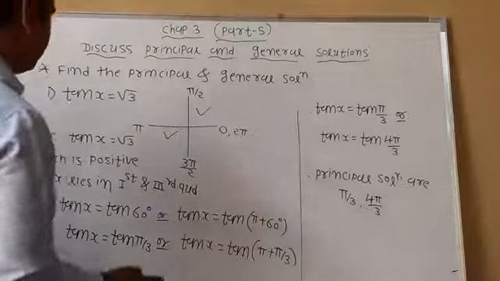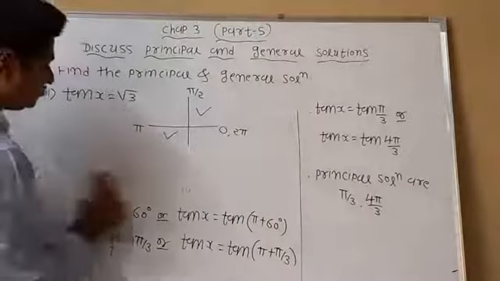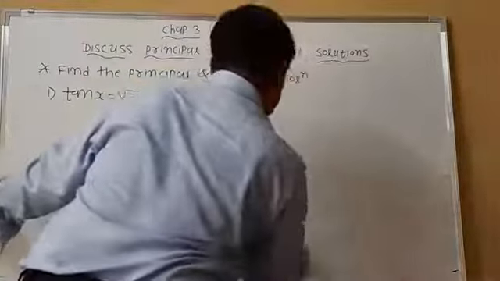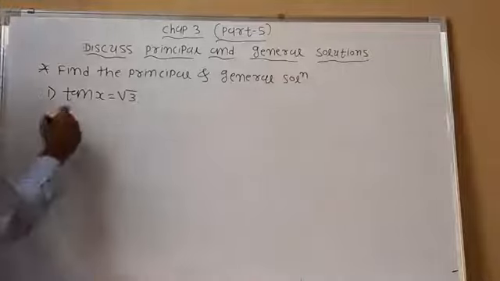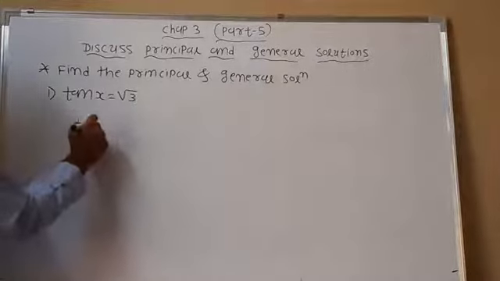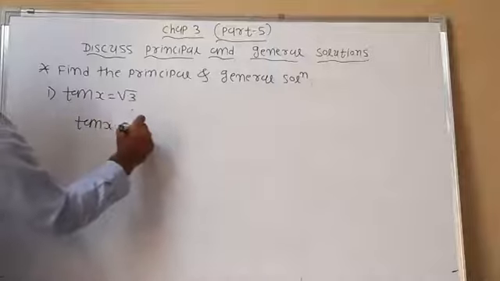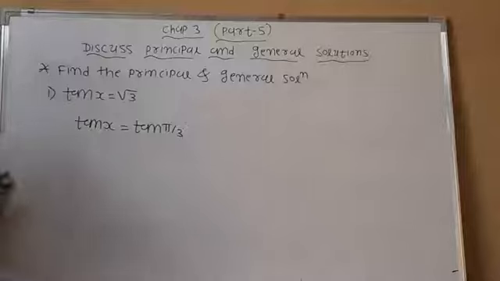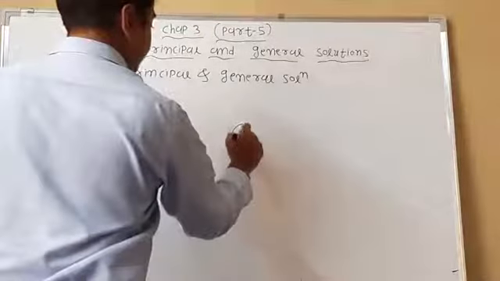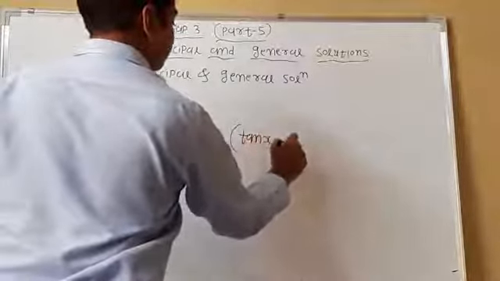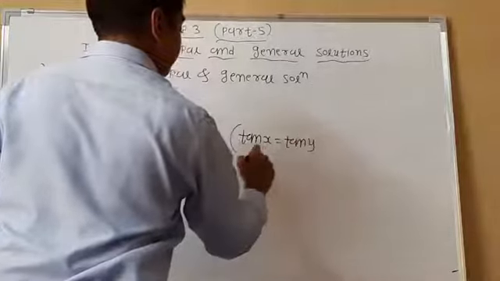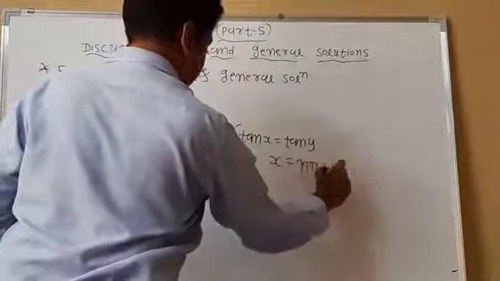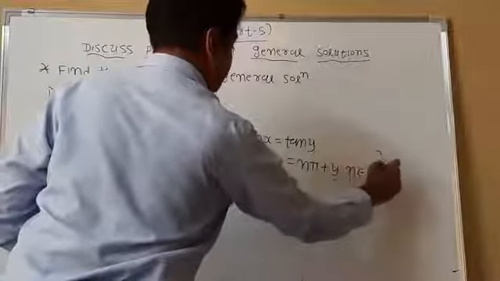So how can we find out the general solution? So therefore here written 10x is equal to root 3, in place of it written 10 pi by 3. Okay, now after that we know one result: 10x is equal to 10y implies x is equal to n pi plus y, small n belongs to z.